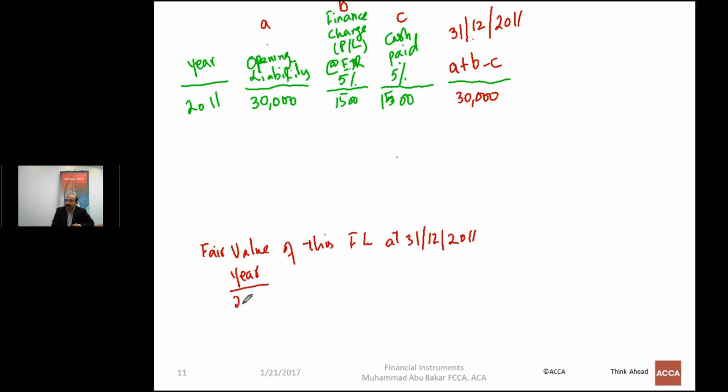For example, at the end of 2012, what is the life of this liability? It was issued on 1st January 2011, and this will be redeemed at par. When will this be redeemed?